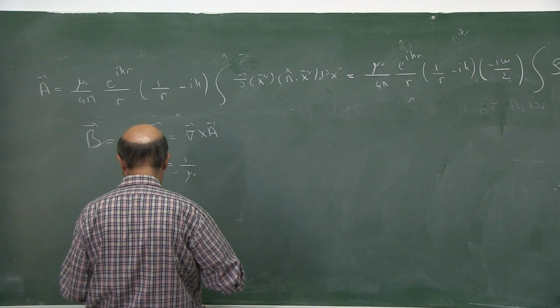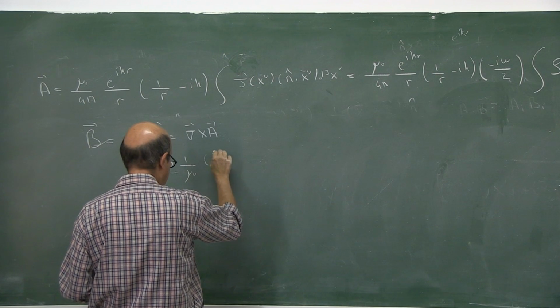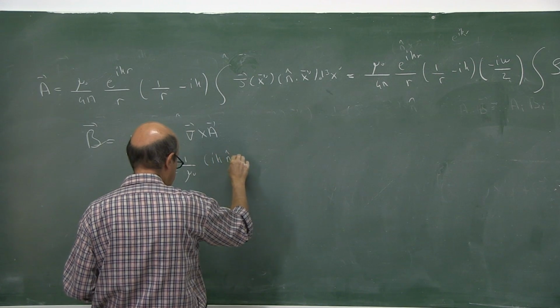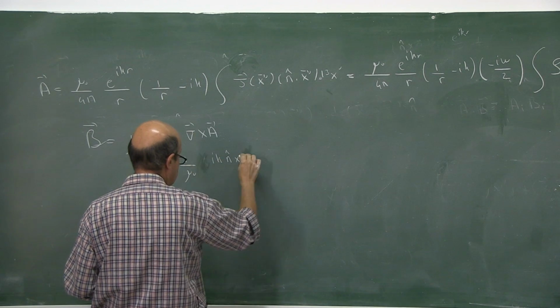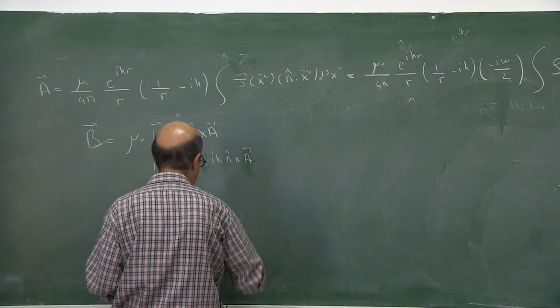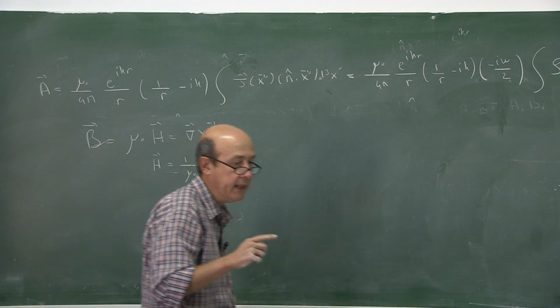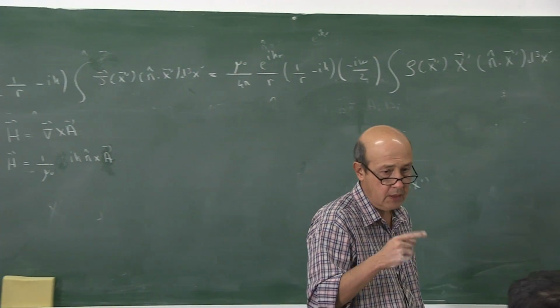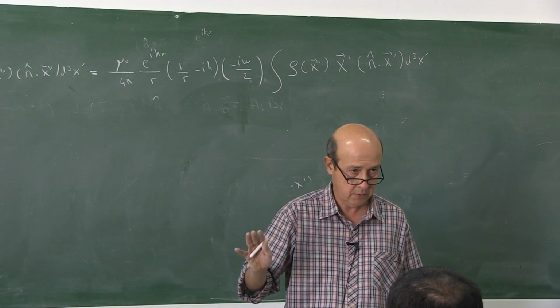Instead of curl, I will directly take the i k n cross with A. So basically, it is i k n cross A. So one thing is this, okay? As in the plane waves, instead of the curl operator, I can write i k cross.